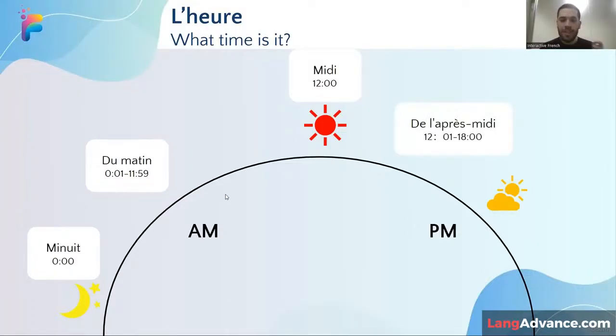Now, if we want to say in the afternoon, we would say de l'après-midi. L'après-midi is literally the afternoon. So if it's 1 in the afternoon, you can say il est 1 heure de l'après-midi, il est 6 heures de l'après-midi if it's 6 p.m., and so on and so forth.